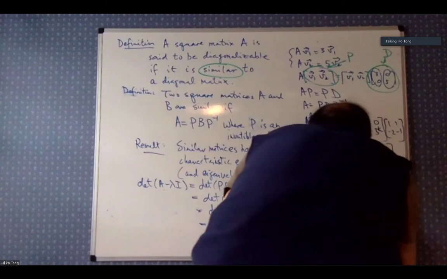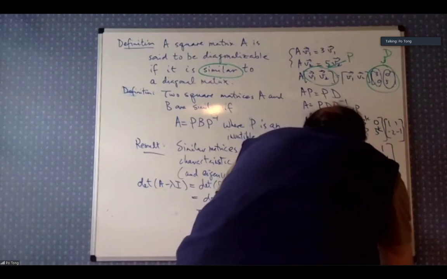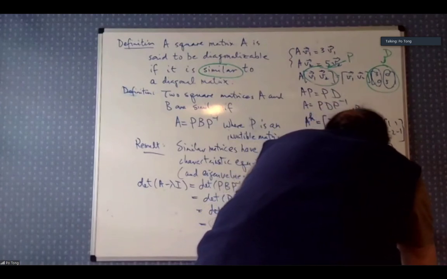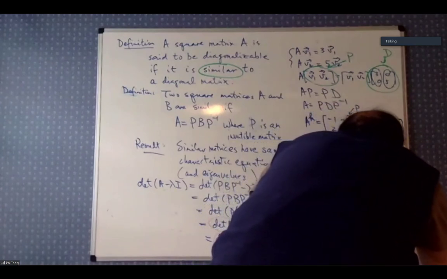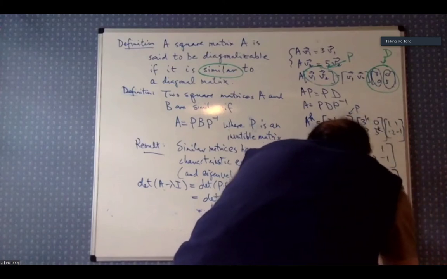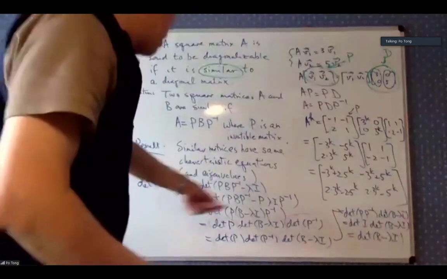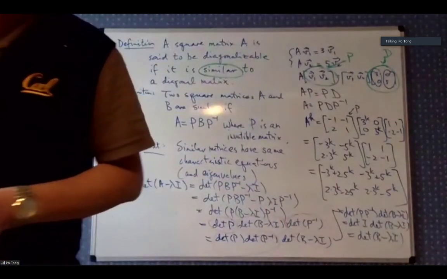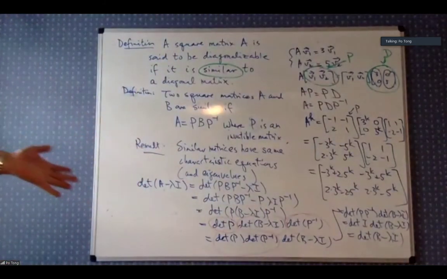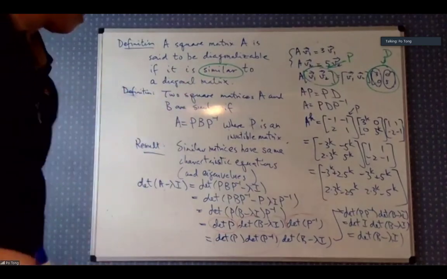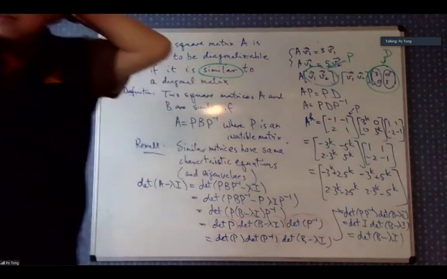But P times P inverse is I, and determinant I is 1. It's just a bunch of symbolic manipulation. The bottom line is that they have the same characteristic equation if they are similar matrices.